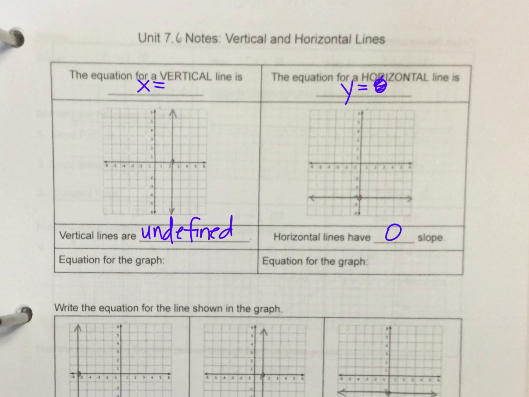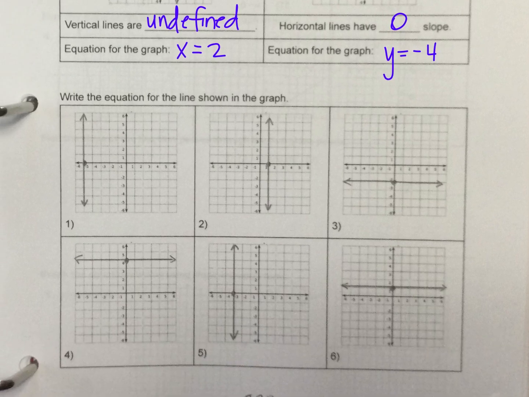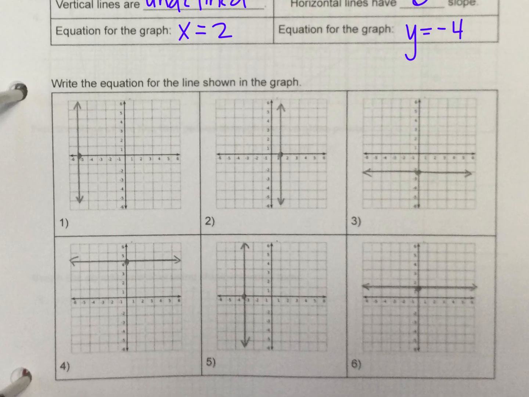So this graph right here, it's 1, 2, so x equals 2. This graph, 1, 2, 3, 4, y is -4. So all we've got to do is look at the picture and tell if it's x or y. This first one, the dot right here is on the x line, so it's going to be x equals negative 5.